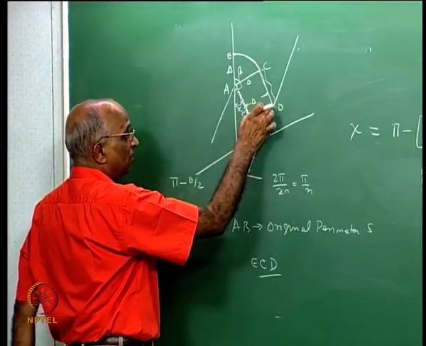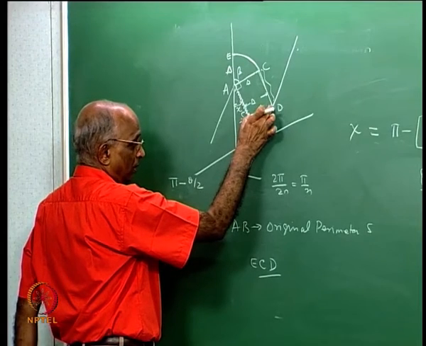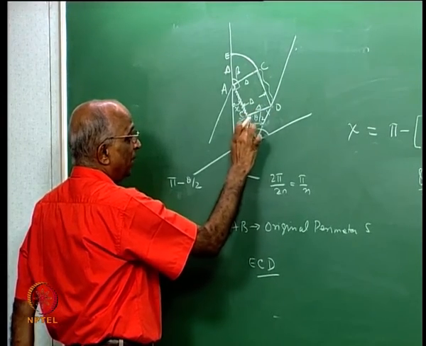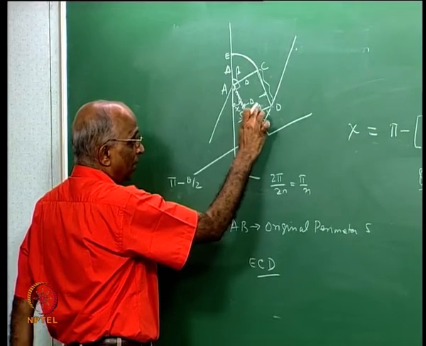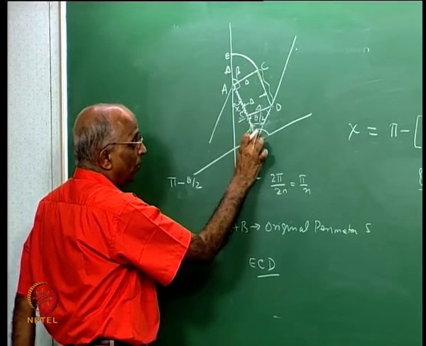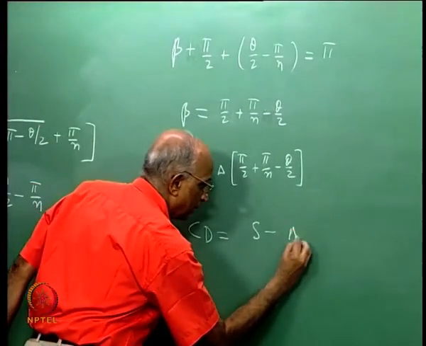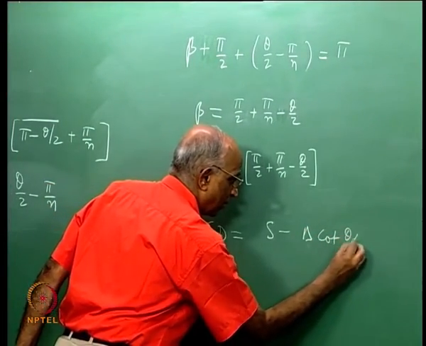The base of this particular perpendicular over here, that means base divided by delta must be equal to cot theta by 2, or it is equal to delta cot theta by 2, S minus delta cot theta by 2.